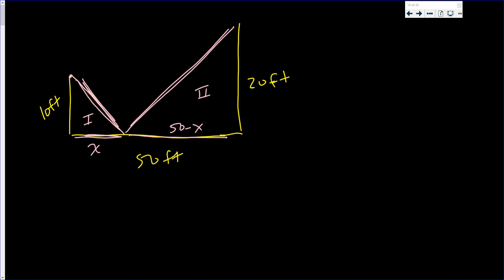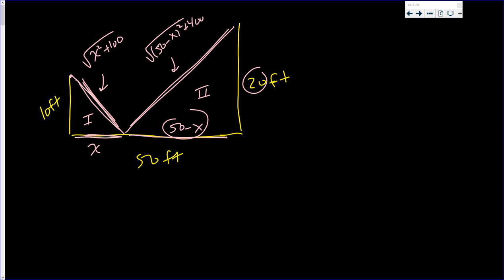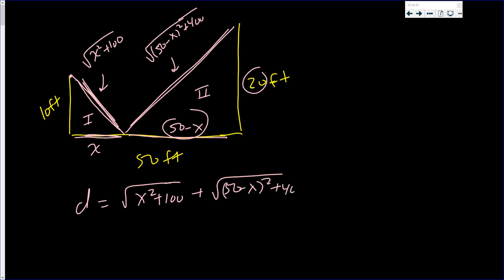So Pythagoras would say that length is the square root of x squared plus 10 squared. And Pythagoras would say the length of that is the square root of (50 minus x) squared plus 20 squared, which is 400. So the total distance is the square root of x squared plus 100 plus the square root of (50 minus x) all squared plus 400.